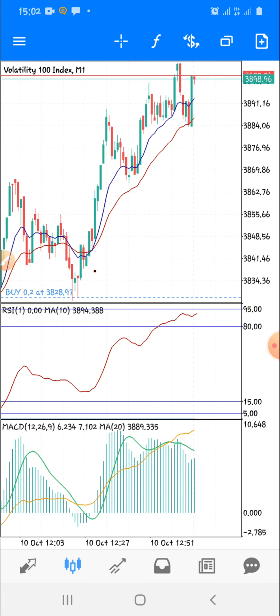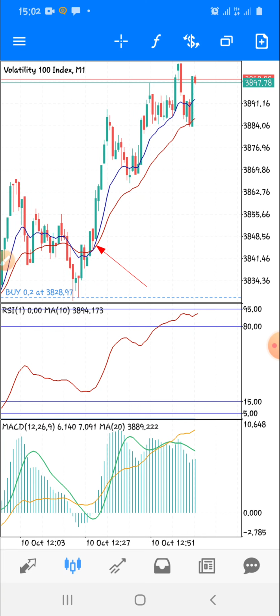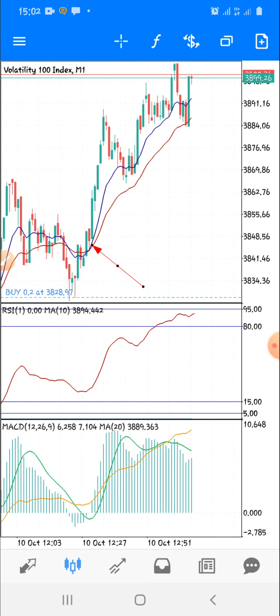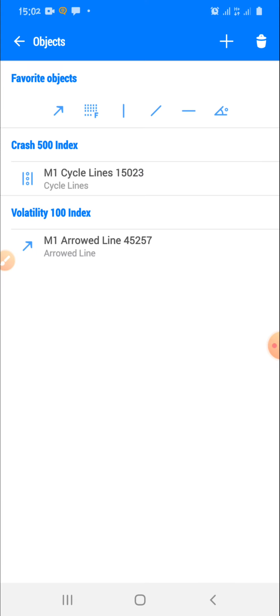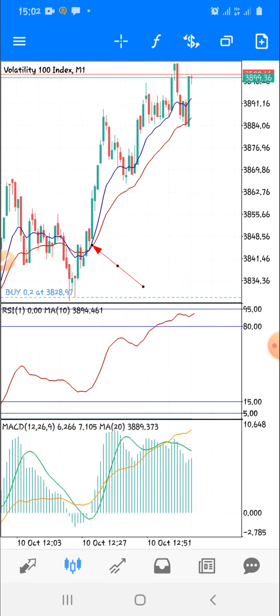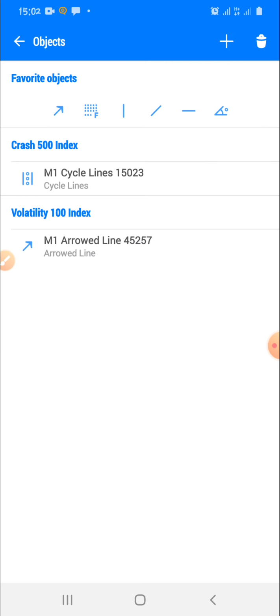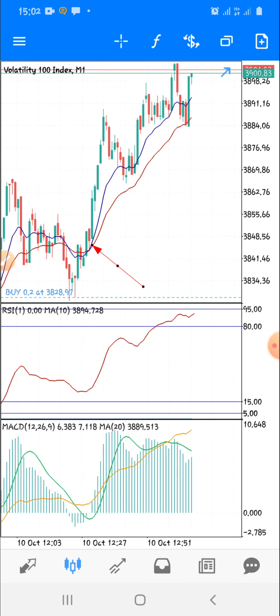If you look here at this level, the moving averages have crossed here, and also let's add another pointer here.